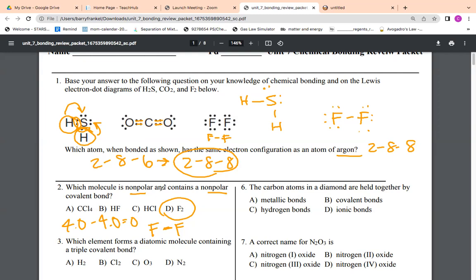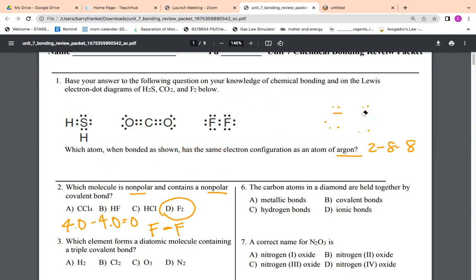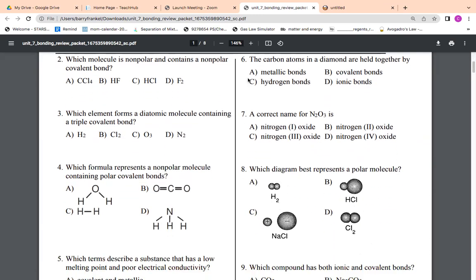Number 3, let me get rid of all of this stuff. They're giving us these 4 different diatomic molecules.